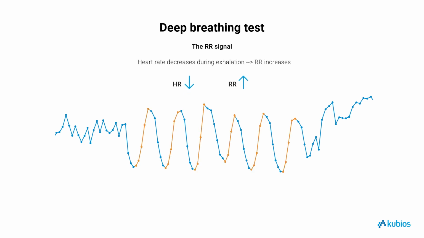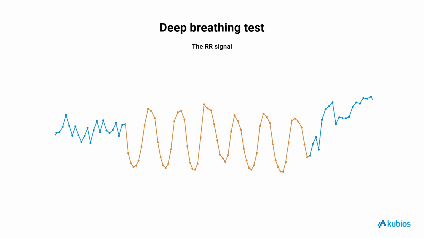This deceleration happens as the diaphragm relaxes and ascends, compressing the thoracic cavity and increasing intrathoracic pressure, which expels air from the lungs. The consequent rise in arterial blood pressure activates baroreceptors, enhancing vagal tone and thereby reducing heart rate.